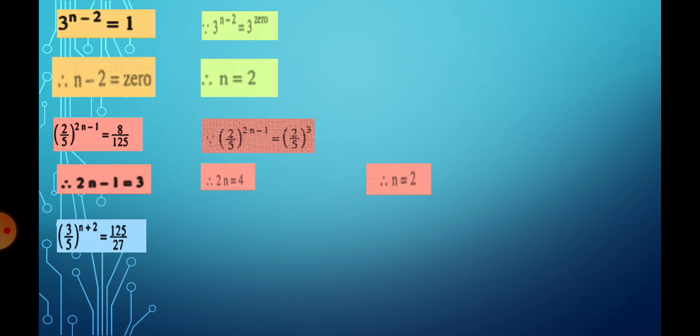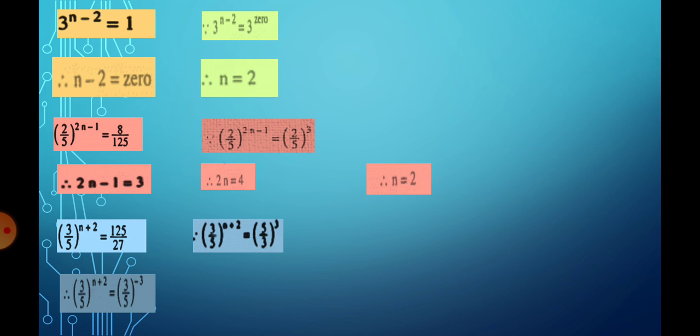Then we must change the sign of the power. Then we can write 3 over 5 to the power n plus 2 equals 3 over 5 to the power negative 3. Here the two bases are equal. Then we write n plus 2 equals negative 3. Then n equals negative 5.